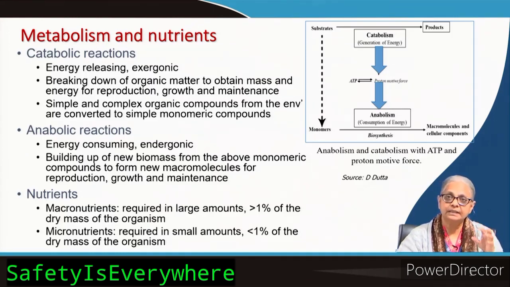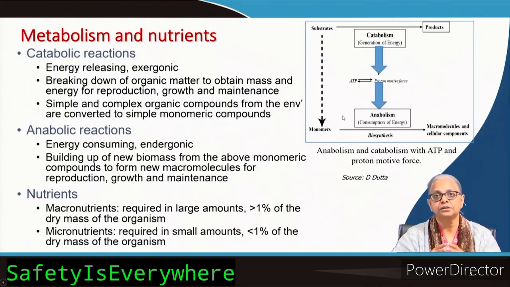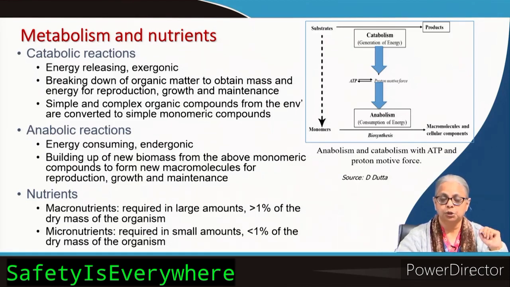That's why we say ATP is the cell's currency of energy. This energy that is released, it first can be trapped, in the case of prokaryotes, in the form of proton motive force, which is then converted to ATP.